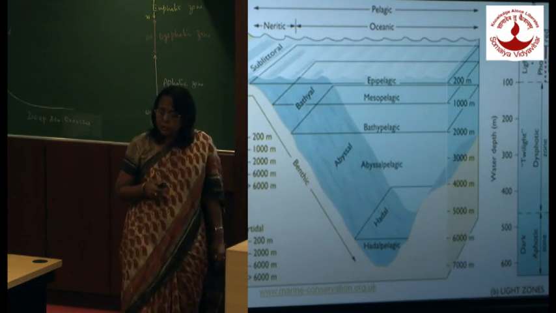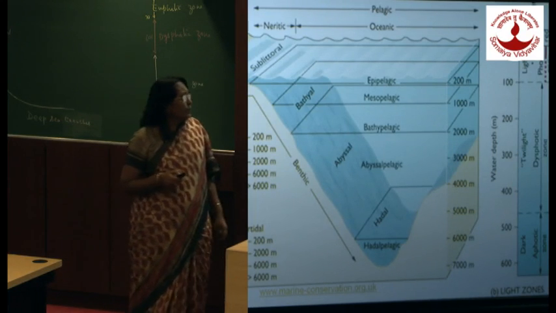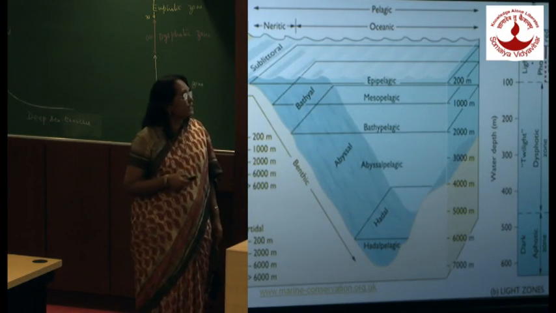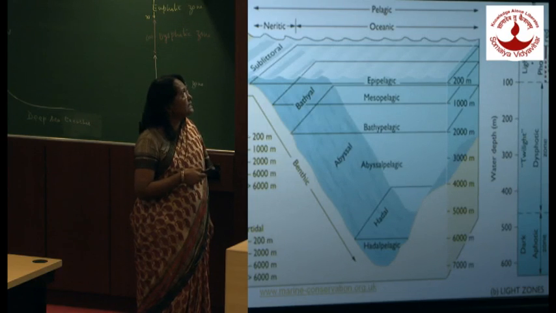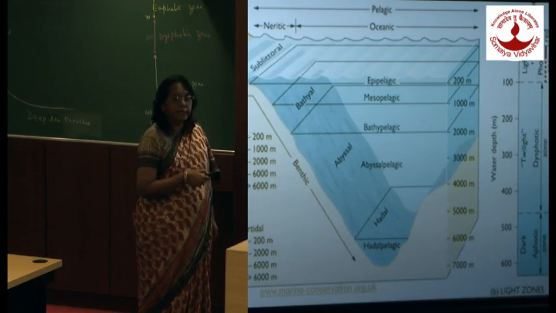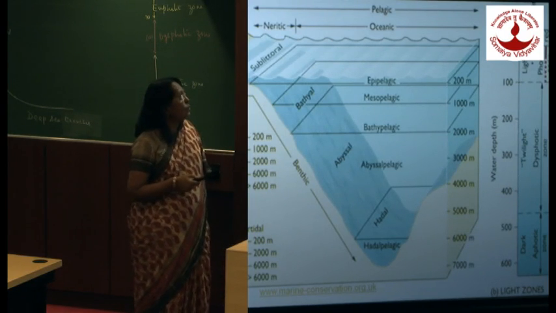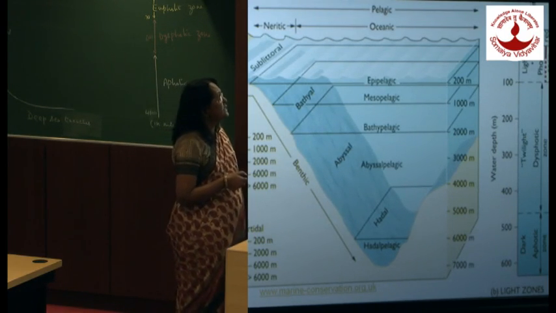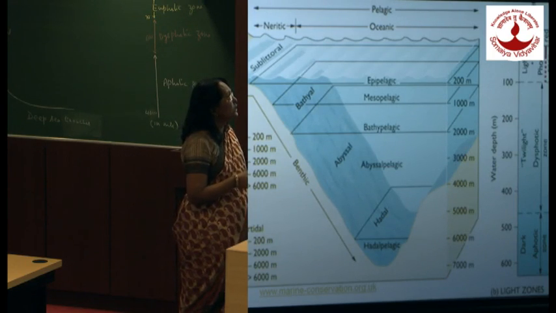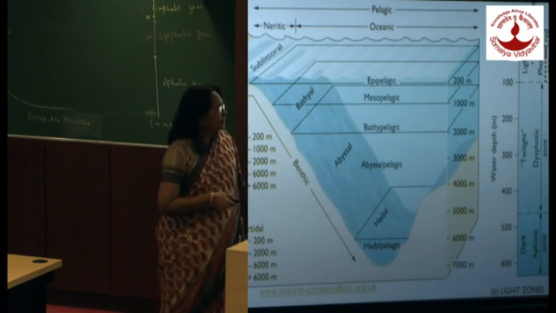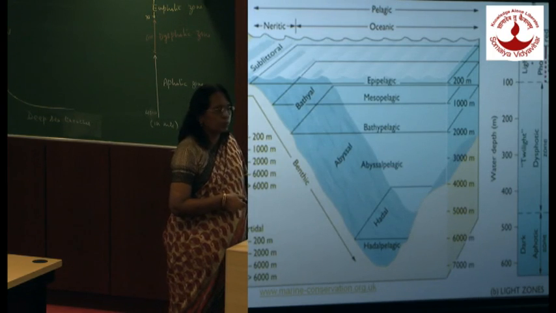Alright. Now, based on two things division, let's see. The first is based on penetration of light. Fine. Now the first zone is known as euphotic zone.